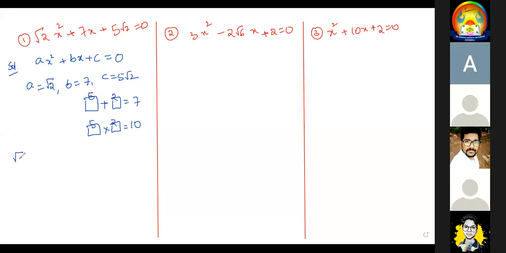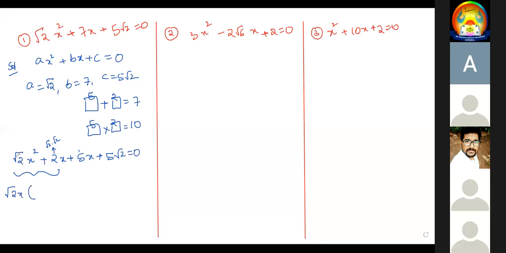Therefore, it can be written as root 2 x square plus 2x plus 5x plus 5 root 2 equal to 0. You know, 2 can be written as root 2 into root 2. Now, among these two, what can I take common? Root 2 x. If I take root 2 x common, x plus root 2 remains.